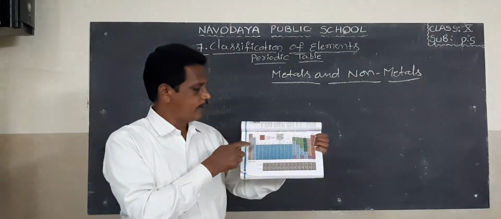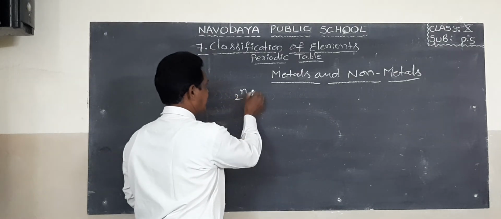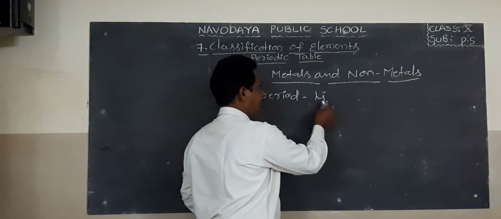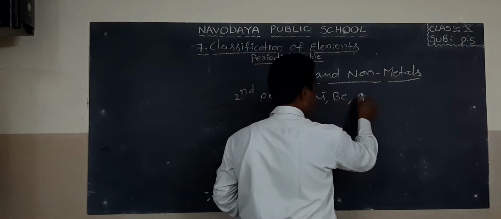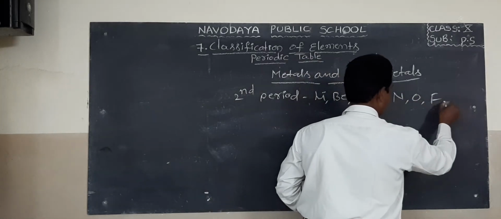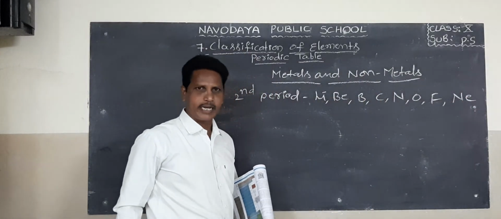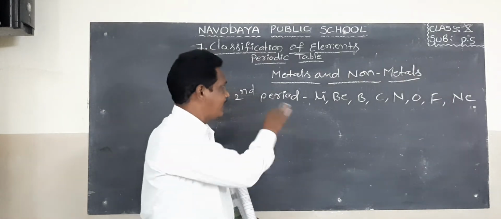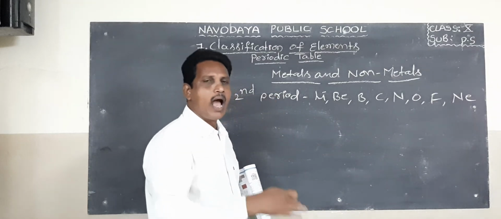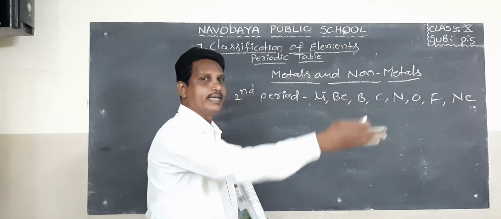For example, the second period contains lithium, beryllium, boron, carbon, nitrogen, oxygen, fluorine, neon. These are elements of the second period. From left to right in a period, metallic property decreases and non-metallic property increases.